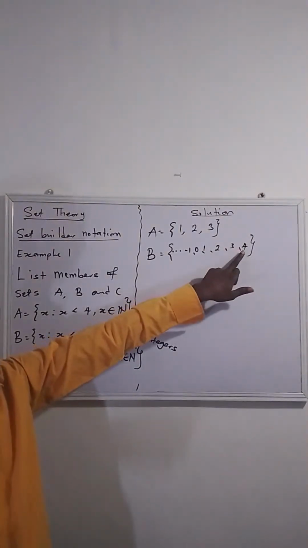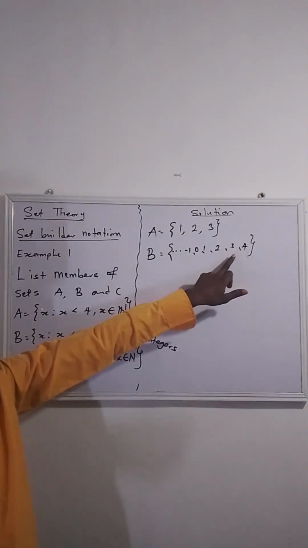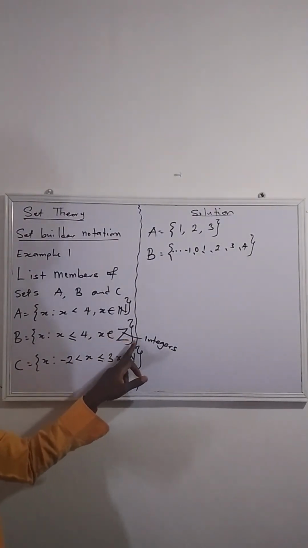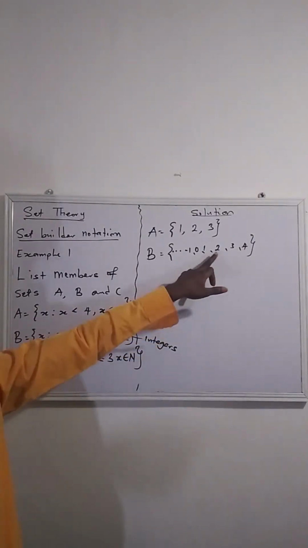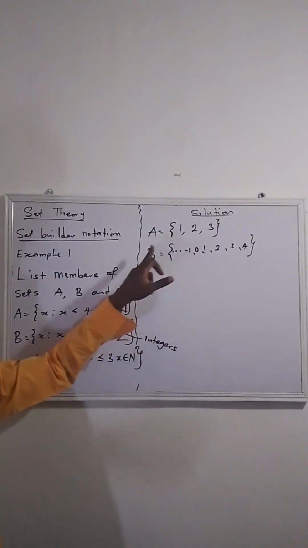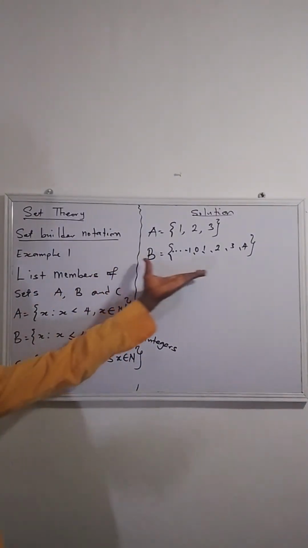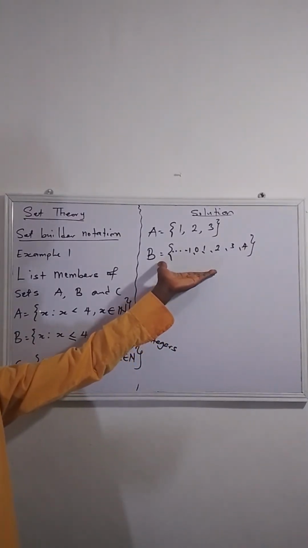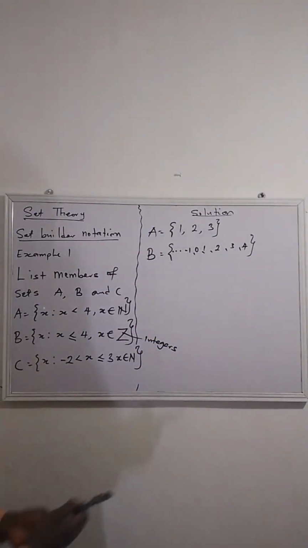That is why 4 is inclusive. And this time around, x is a member of the integers, so 0 is inclusive, -1, -2, -3, and so on. So it's going to be an infinite set. That is, the set is uncountable.